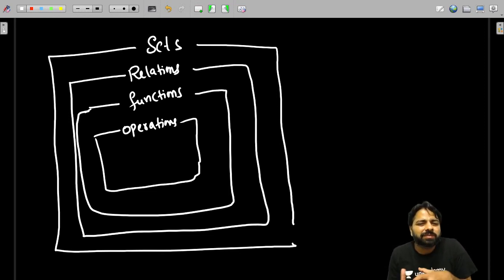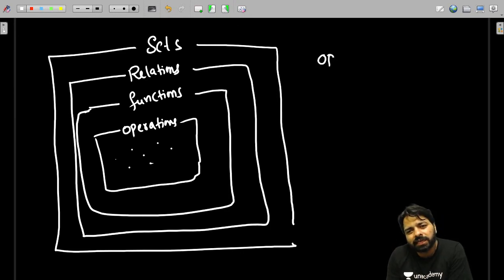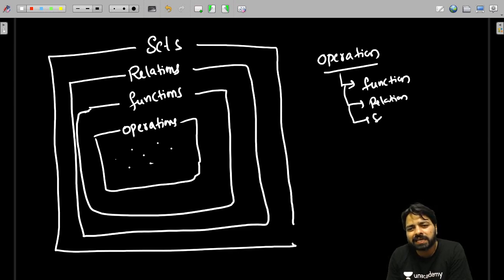Because operation and function have a closest meaning here. All the operators are derived from these operations only. If I am saying operation, it means it is a function, it is a relation, it is a set.